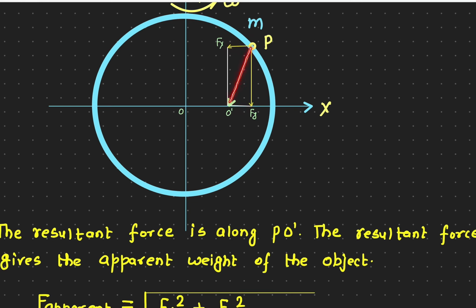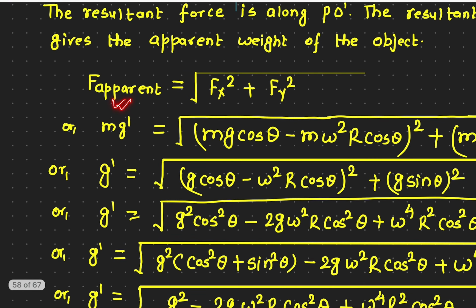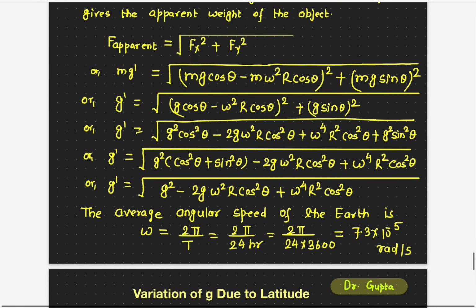So by the Pythagorean theorem, it would be equal to Fx square plus Fy square, just in this right angle triangle. So my apparent force is Fx square plus Fy square, or the apparent weight. And all I'm doing is simply plugging in the values of Fx and Fy, and the rest is the math.